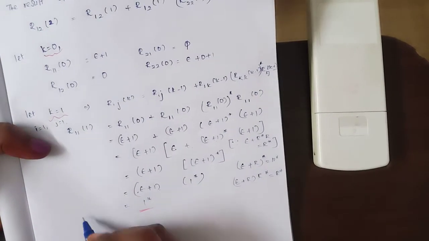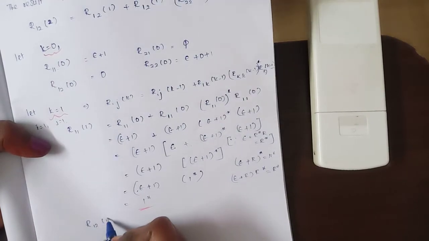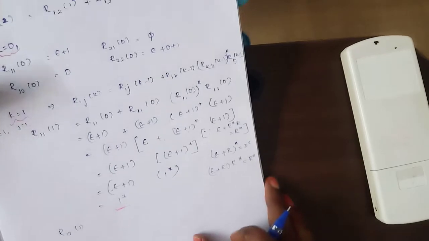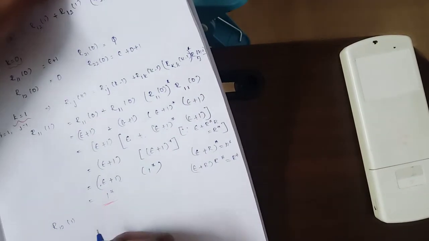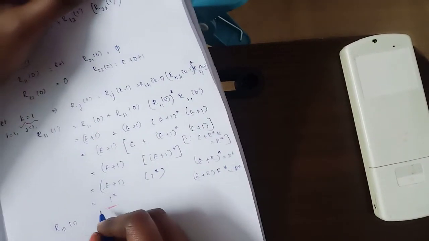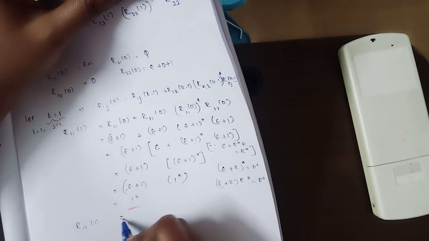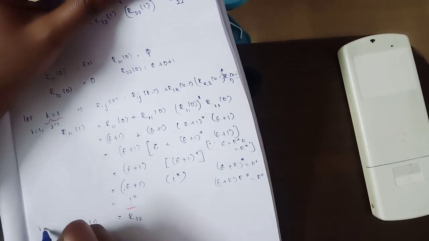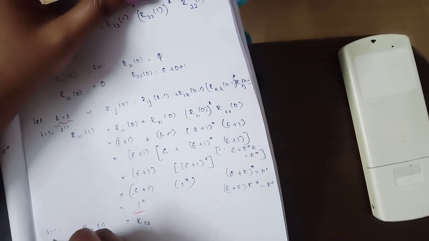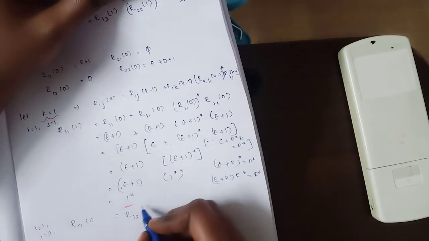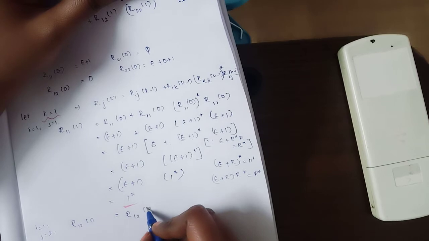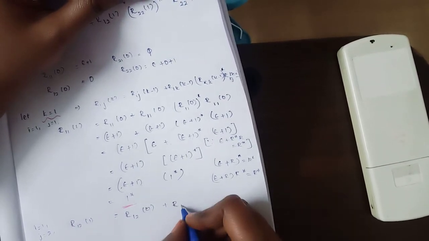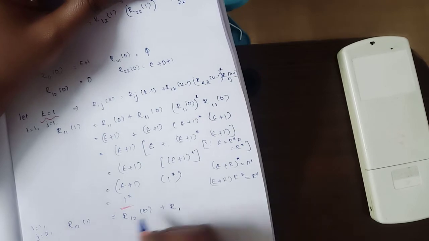So after that, R12 of 1. So we have to solve this R12 of 1. So how do you solve this? Write the formula for this. Here i equal to 1 and j is equal to 2, right? R12 of 0 plus R_ik, where i is 1 and k is also 1.